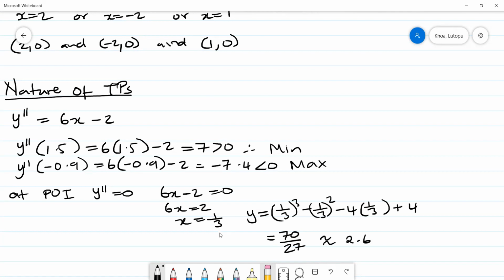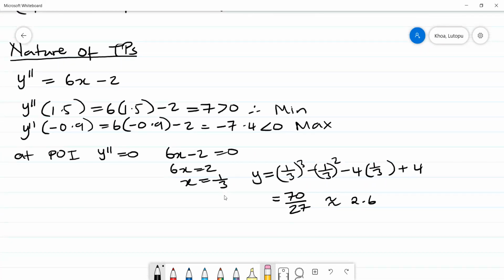So again, I round off to 1 decimal place just so I can plot it more accurately. So my point of inflection will be 0.3 and 2.6. Okay, so now I have all my turning points and I'm ready to plot.